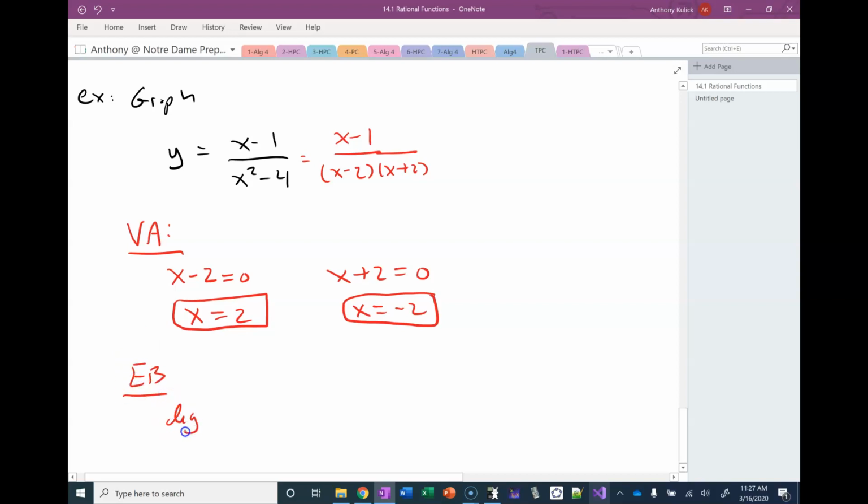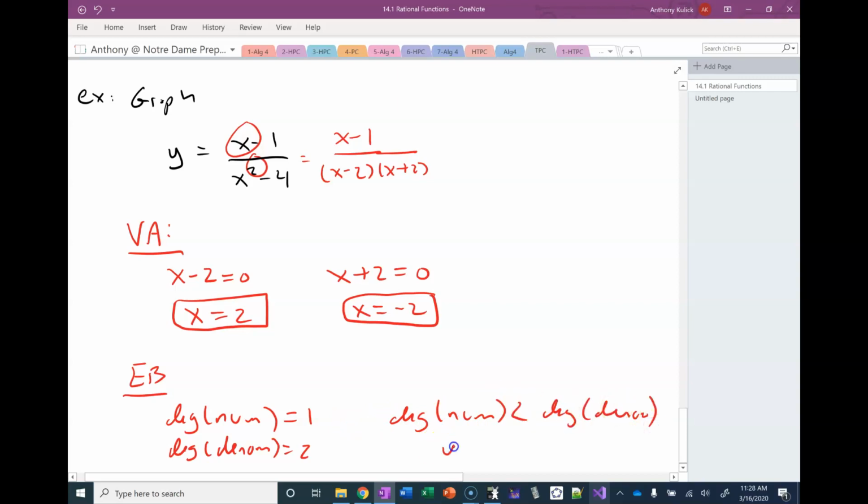The degree of the numerator is 1, because I just have an x to the first. And the degree of the denominator is 2, because it's an x squared. And since the degree of the numerator is less than the degree of the denominator, we just have y equals 0 for our end behavior.